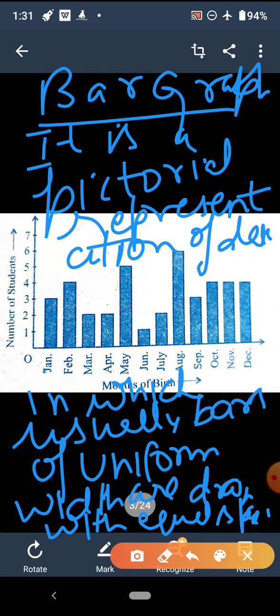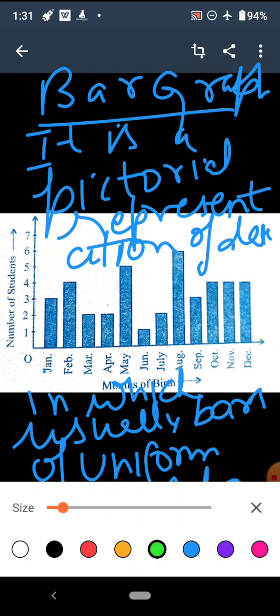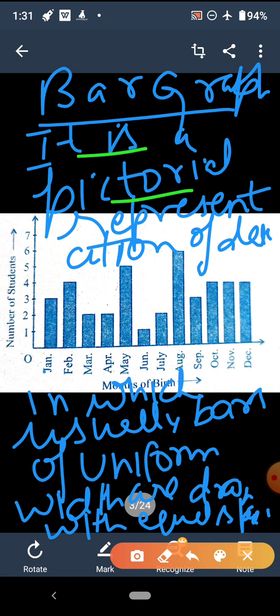You can clearly see that a bar graph is pictorial, it means it is a picture. We will present data in which usually bars, meaning rectangles, have uniform width. The space between two bars will be equal, and they will be shown on the x-axis depicting the variable. The values of the variable are shown on another axis.